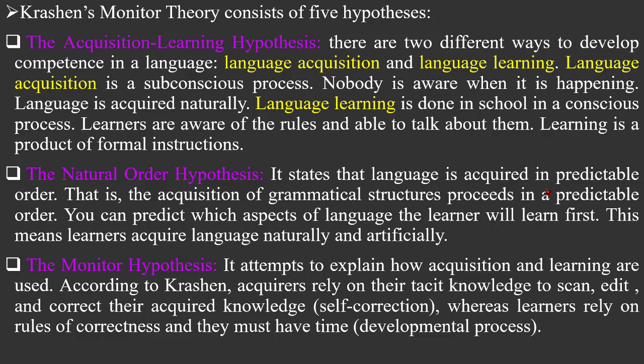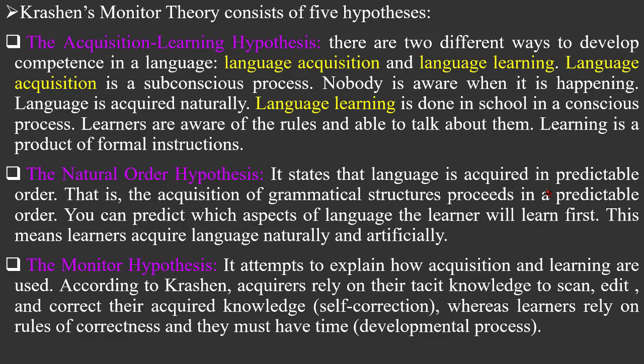This means learners acquire language naturally and not artificially. So according to this hypothesis, language is acquired in a predictable order. That is, you know which structure, which aspect comes first and which comes later.